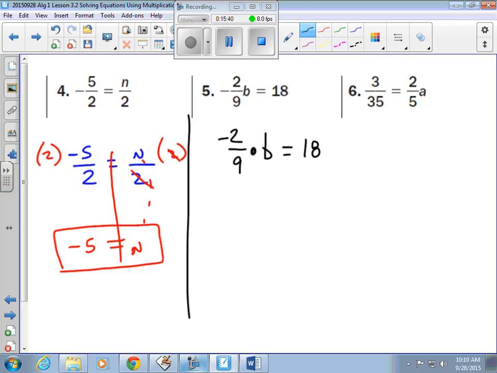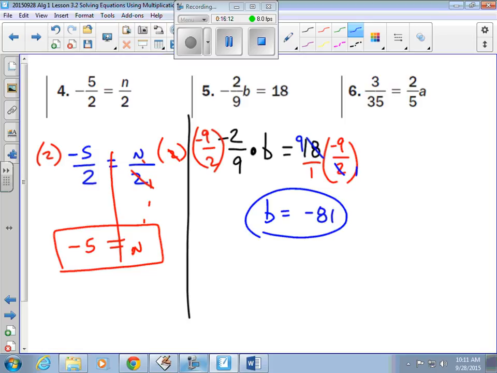So save yourself a step and multiply by the reciprocal right from the beginning. Negative 9 over 2. If you multiply the left, do likewise on the right. Remember, you could cross cancel this. The number 2 goes into itself once and into 18 9 times. So you're left with 9 times negative 9. B's value, a negative times a positive is a negative, and 9 times 9 is 81.